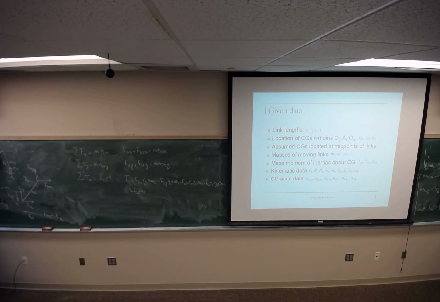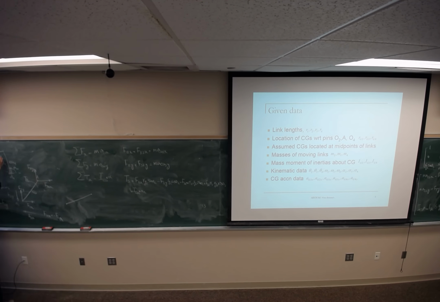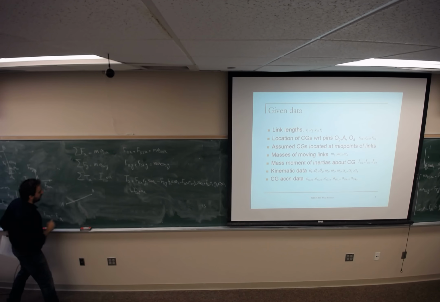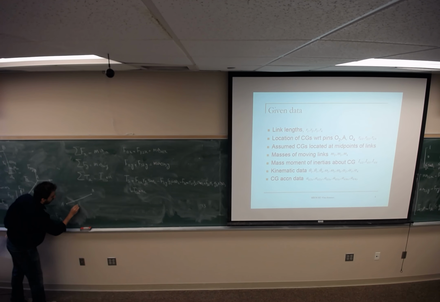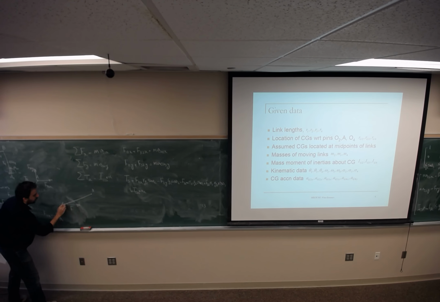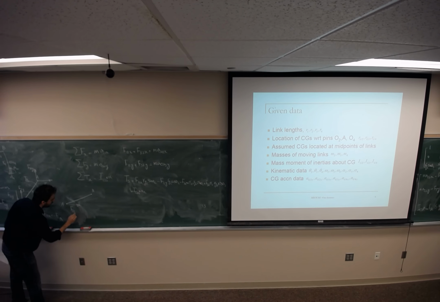This is for link 2. For link 3, if this is point A and this is point B. At point A, the force coming from link 2 applied to link 3: F23x, F23y.